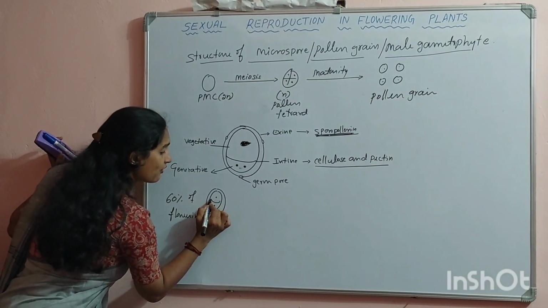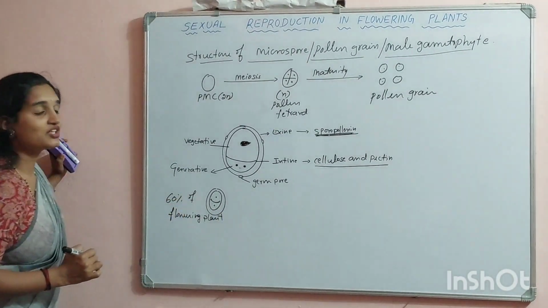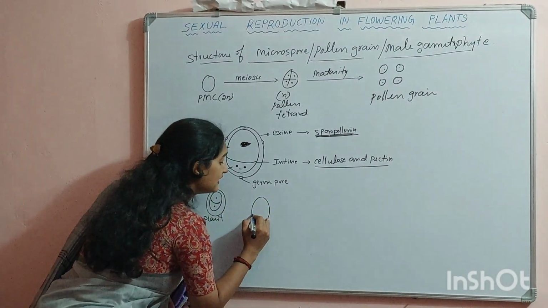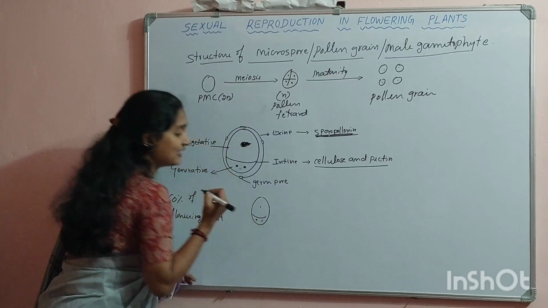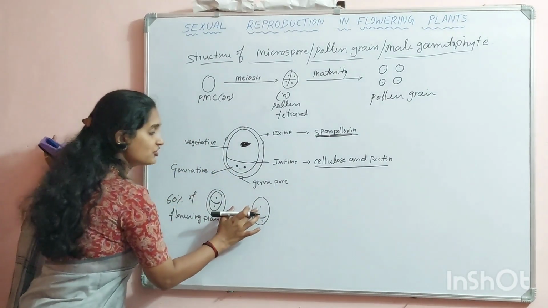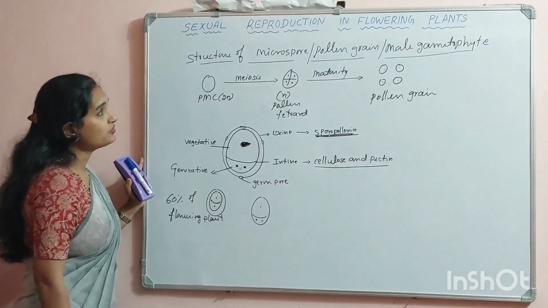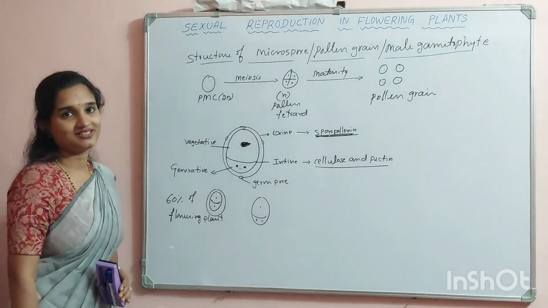Here one is the vegetative cell, another one is the generative cell. In the rest of the flowers, the pollen grains are shed at the three-celled condition. Here one vegetative cell and two male gametes. This is about the structure of pollen grains. Thank you.